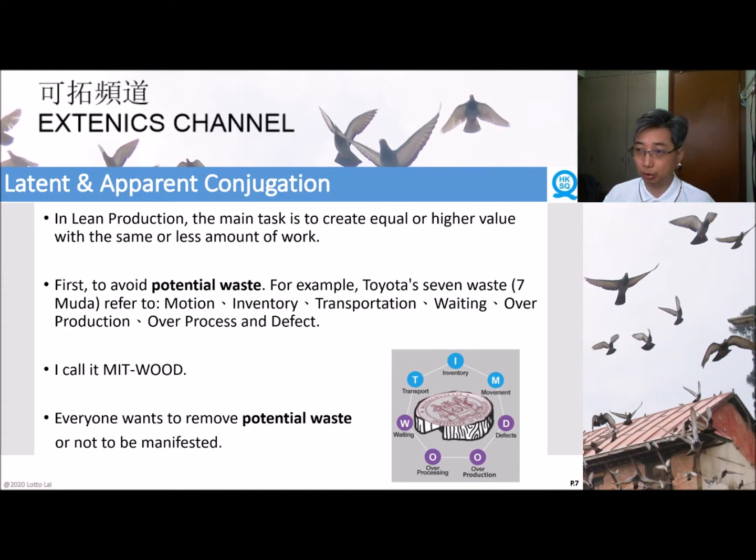For example, Toyota's 7 wastes refer to motion, inventory, transportation, waiting, overproduction, overprocessing, and defects. I rearranged these 7 wastes into the word MIT WORD. It's very easy to remember. And everyone wants to remove the potential waste so that it does not become manifest.